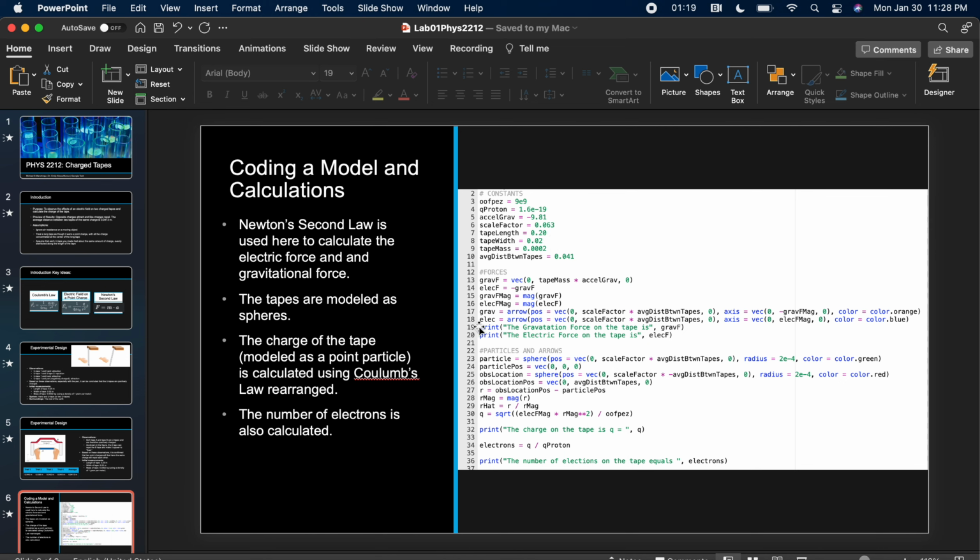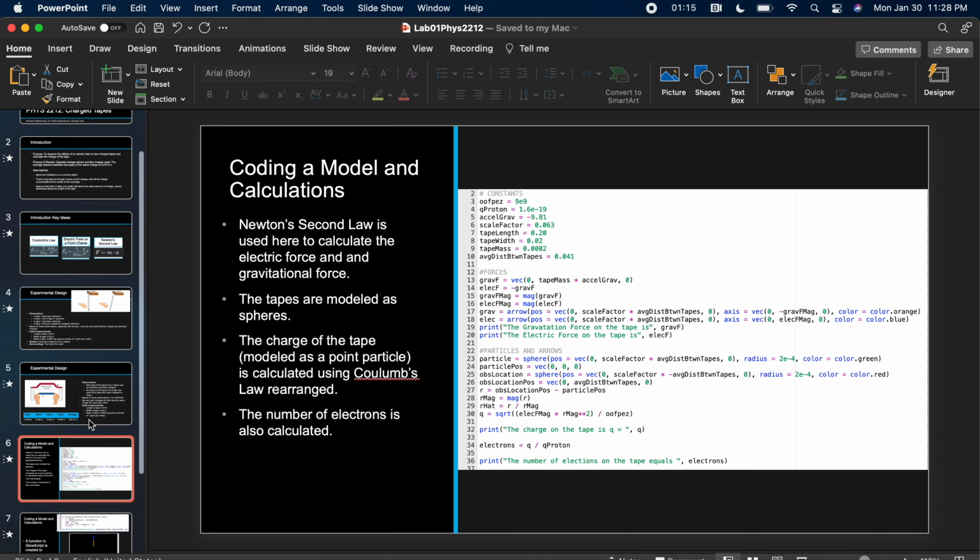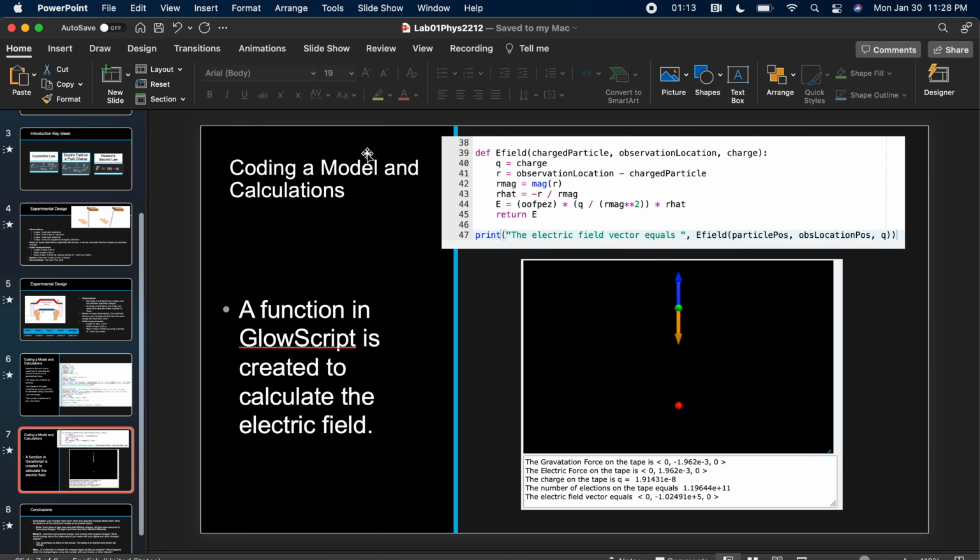You can see the code right here and right here. And of course, I used a function to calculate the electric field. Again, we modeled the tapes as point particles as seen here.